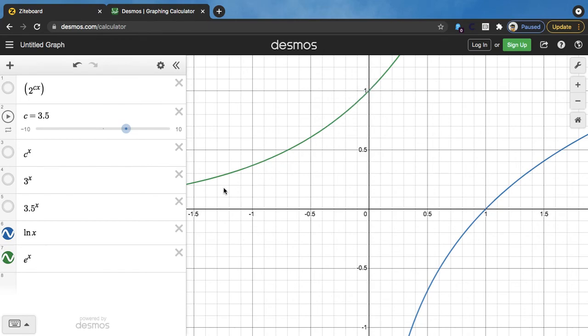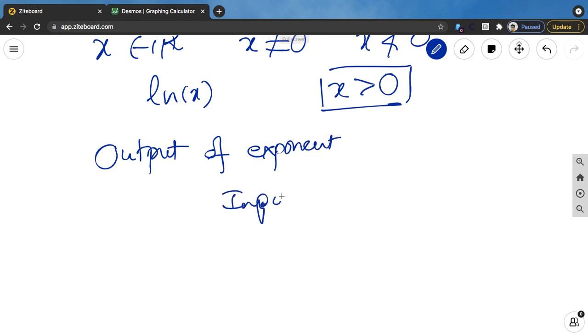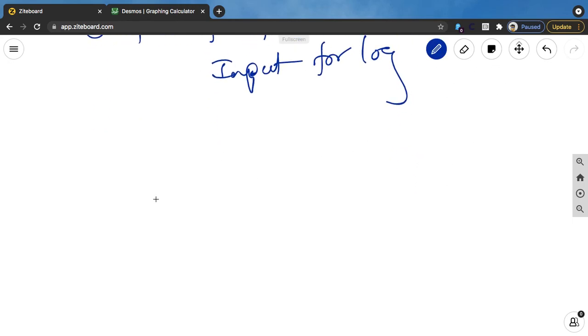So the output was less than 1 when the input was negative. Here when the input is less than 1, the output will be negative. So they are inverse of each other. Whatever happens on the output happens on the input for log. Output of exponent is input for the logarithm. That's the way you have to understand it.